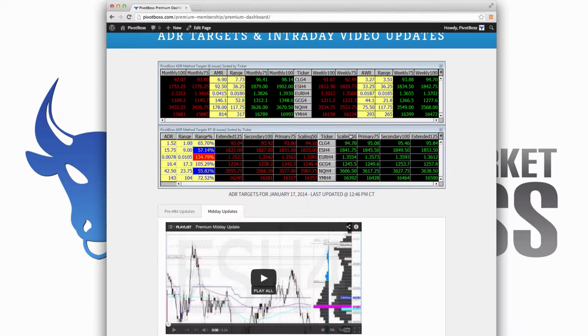So you would take some off the table here to lighten risk, or book some profits, and trade to the primary 75. Here's your secondary 100. And in the case of expansion or breakout days, you have your extended 125% target. You have it on both sides there. Each of these targets are updated twice per day, and they are also reflected in the charts as well.